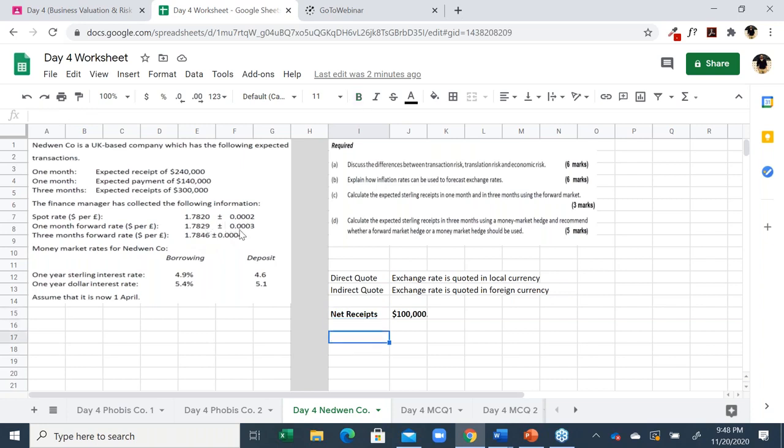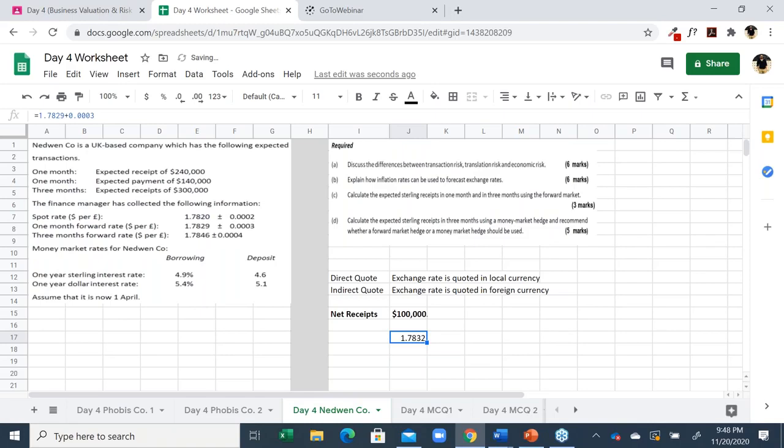What does this mean? This means that we have to add 0.0003 to the figure 1.7829 once, and we have to subtract the same figure once.